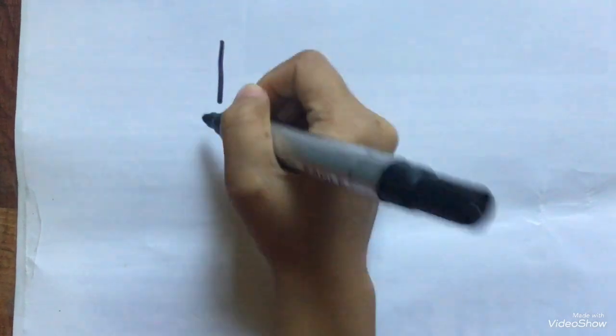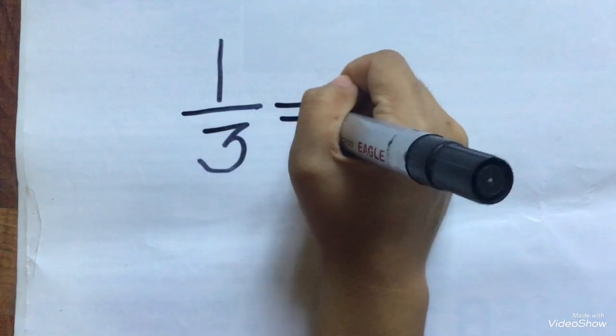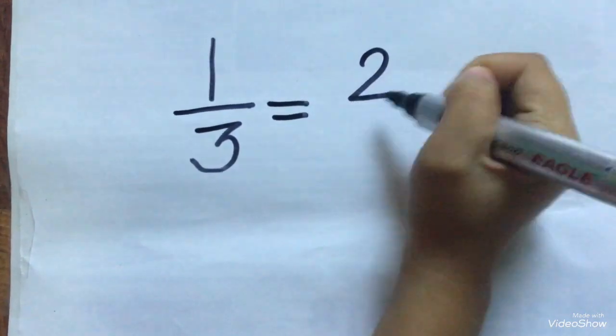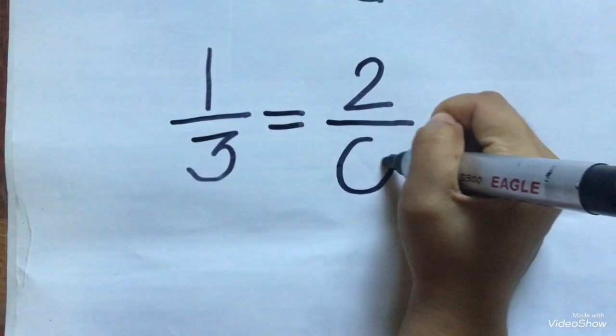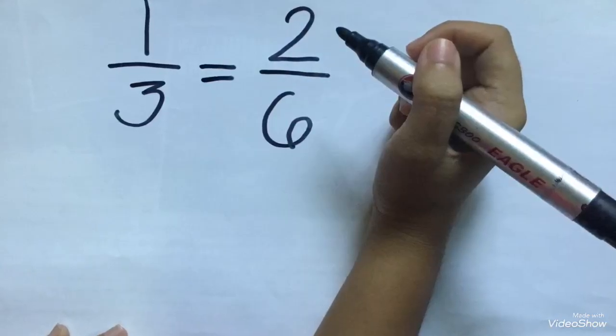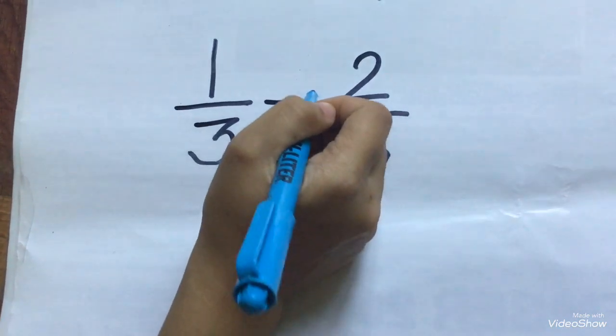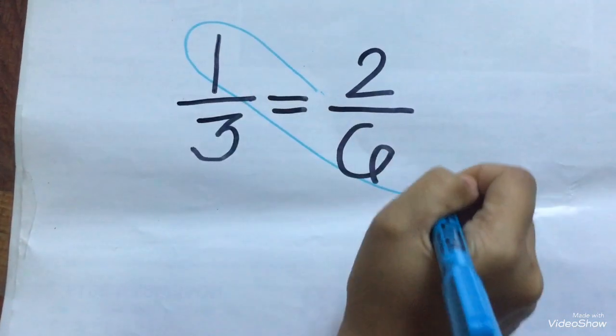We have here 1:3 is equal to 2:6. To check whether it is a proportion or not, let's do cross multiplication. We multiply first the extremes.